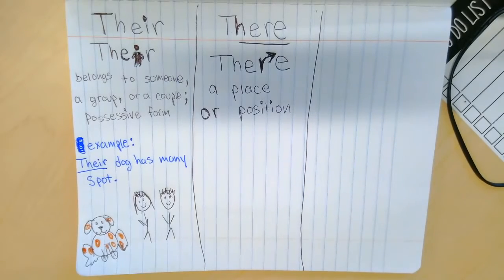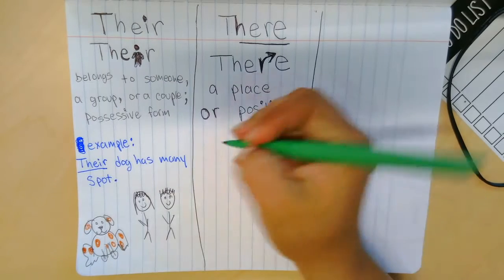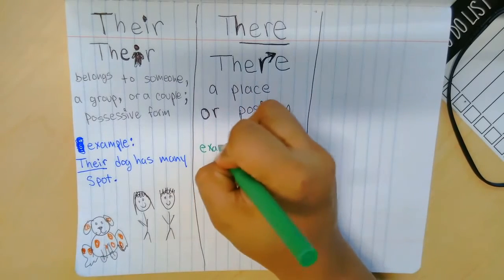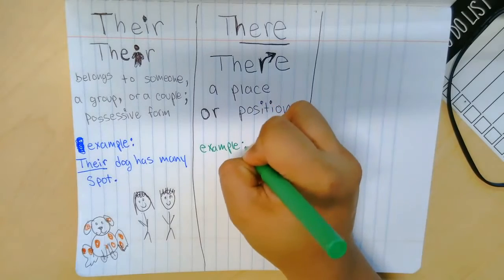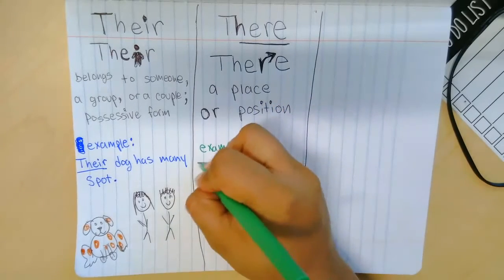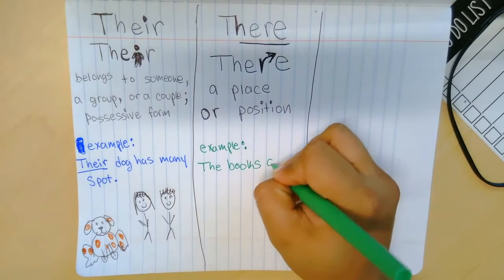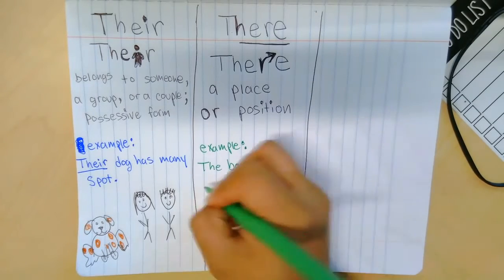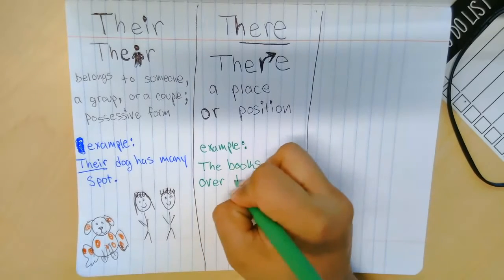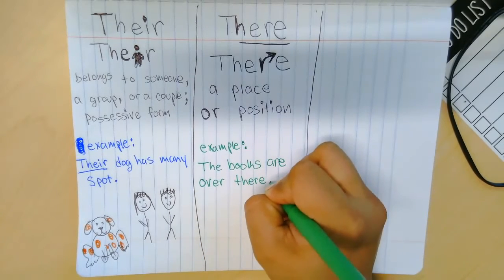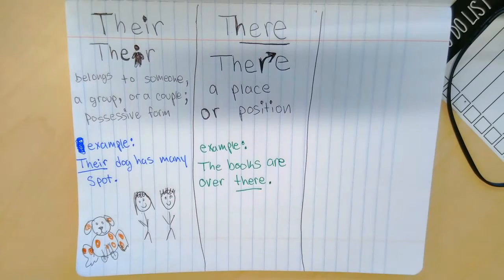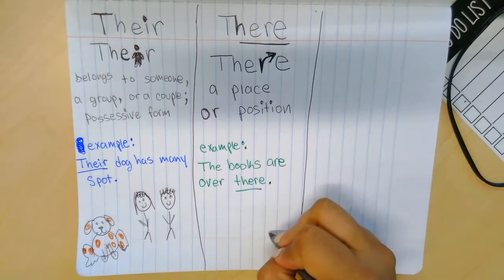Now, I'm going to write an example of this word in a sentence. So, example, the books are over there. Period. I'm going to underline that word because that's the word we were talking about. And down here I'm going to draw some books.